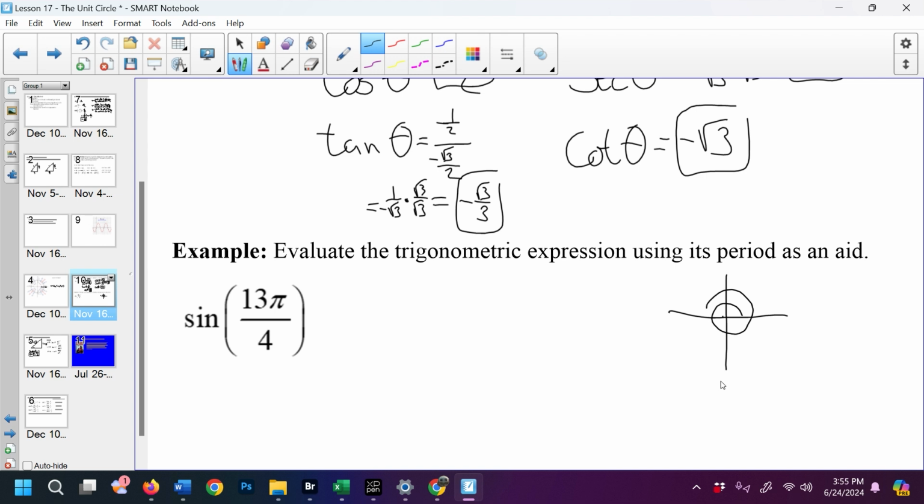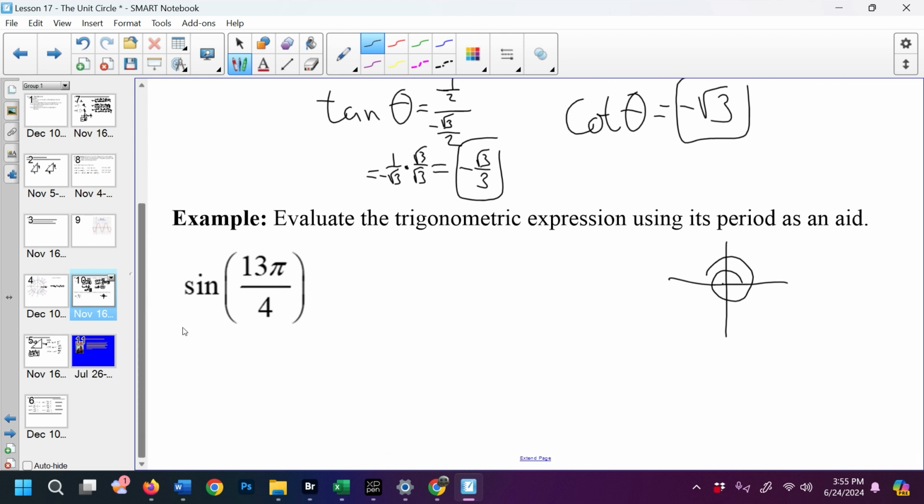That means 13 pi over 4 is going to have a coterminal angle that is on the unit circle. So the way that we're going to find that coterminal angle is we are just going to take that 13 pi over 4 and subtract multiples of 2 pi away from it until we get something on the unit circle.